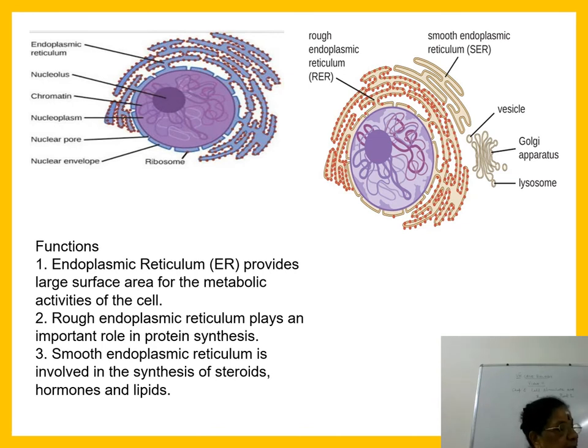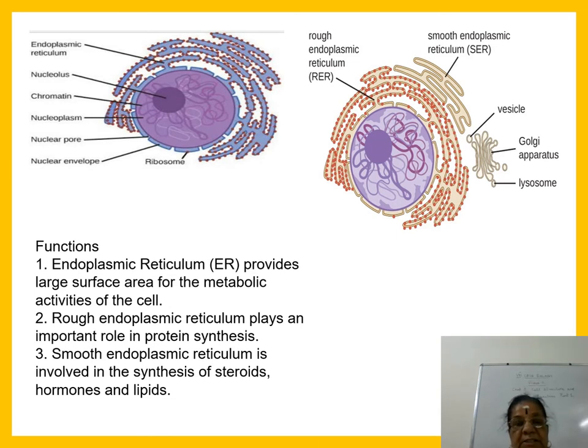Some areas of endoplasmic reticulum have granules called ribosomes on their surface, and the ribosomes are helpful for synthesis of protein. I hope you understand. So endoplasmic reticulum is meant for the transport system present between nuclear membrane and the cell membrane, and it is of two types, rough endoplasmic reticulum with the ribosome, smooth endoplasmic reticulum without ribosome.